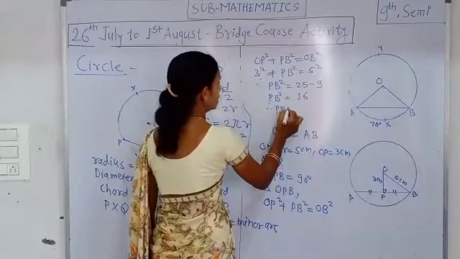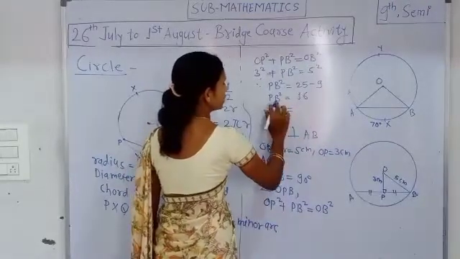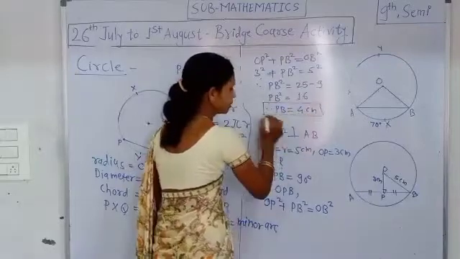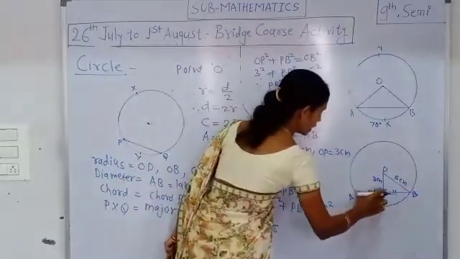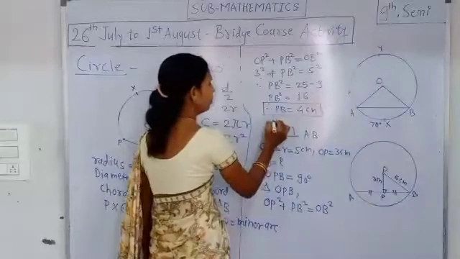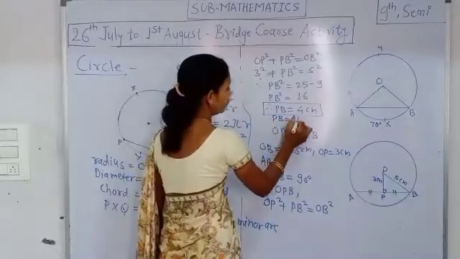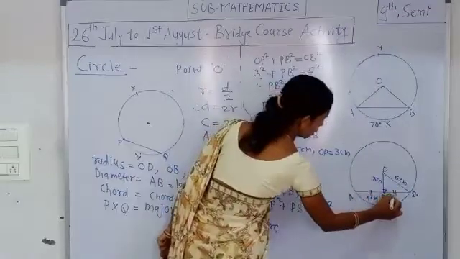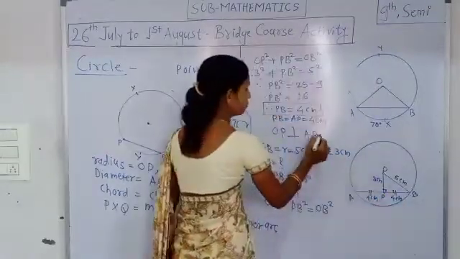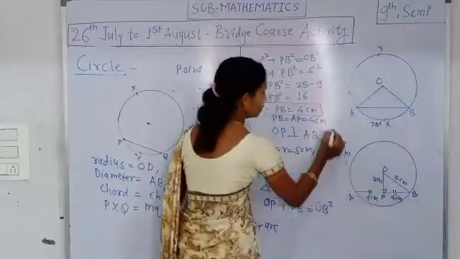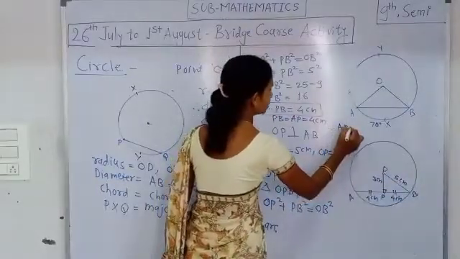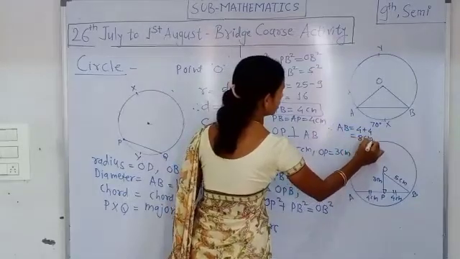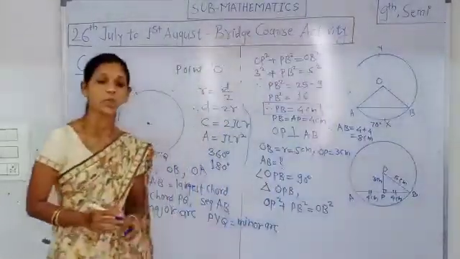Taking the square root on both sides, PB is 4 cm. PB is equal to AP, which is equal to 4 cm. Therefore AB is equal to 4 plus 4, that is 8 cm.